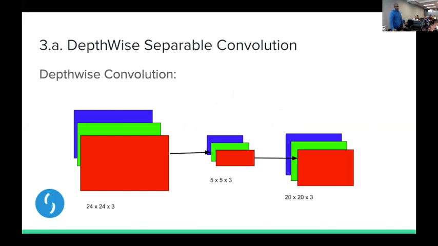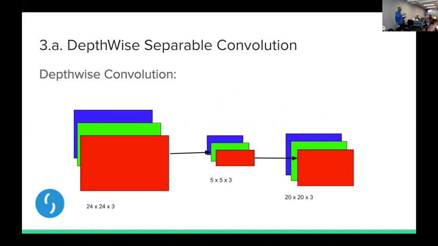I will try to explain more. Okay. So as I said, say you have a 24×24×3 pixel image, that is red, green, and blue. Convolution is nothing but a mathematical matrix multiplication. Here they used something called depthwise convolution instead of normal convolution.